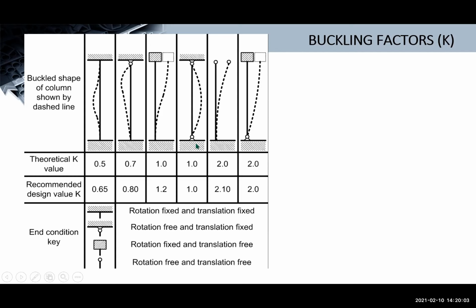And when hinged at both ends, also 1. When rotation is free and translation is free, it becomes 2. Similarly, when hinged with rotation fixed and translation free, this is the value of K.